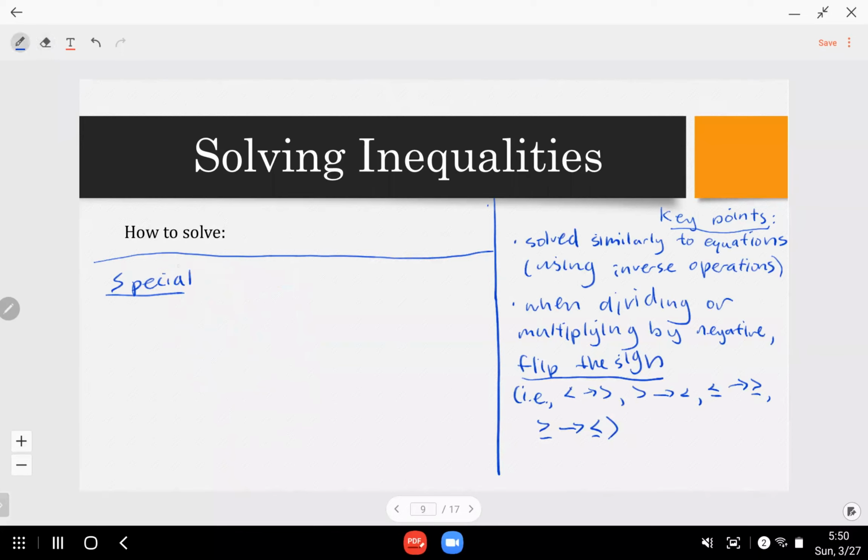Right now we're only dealing with these simple ones, and you do not know how to solve these complicated ones. So we have 7x minus 3 over x plus 3 is less than 4. So how do we solve this?